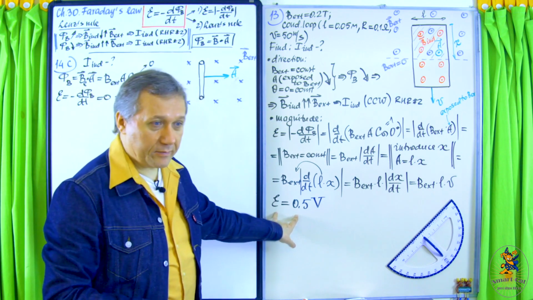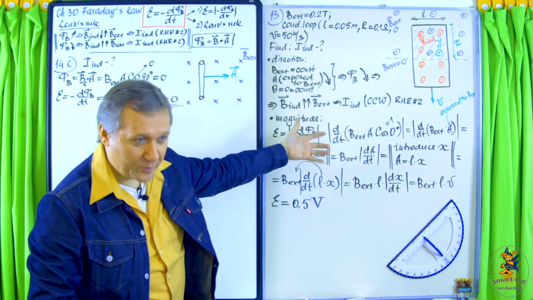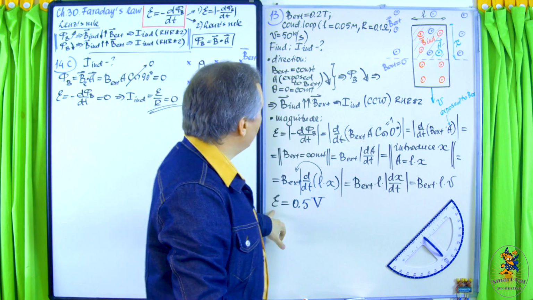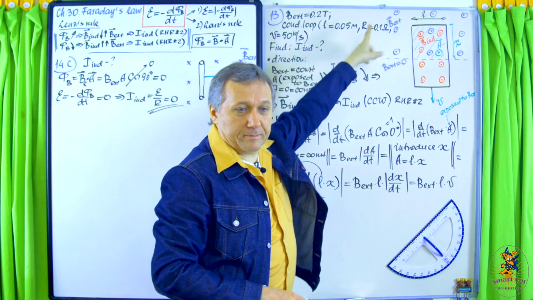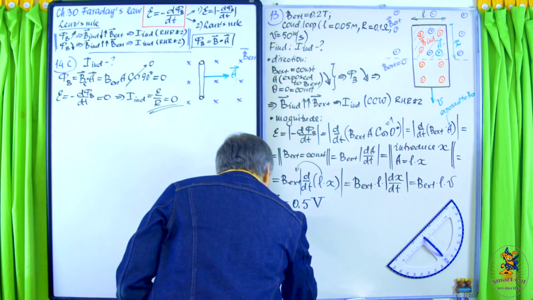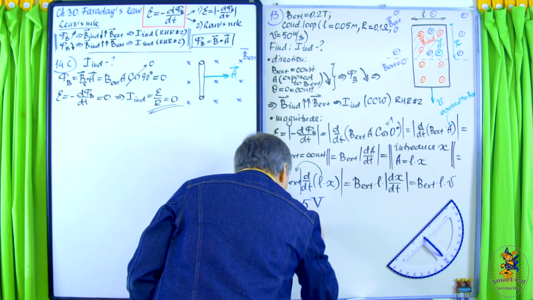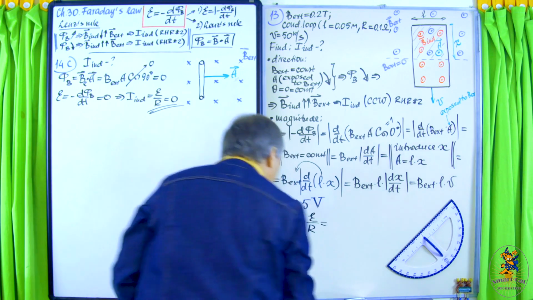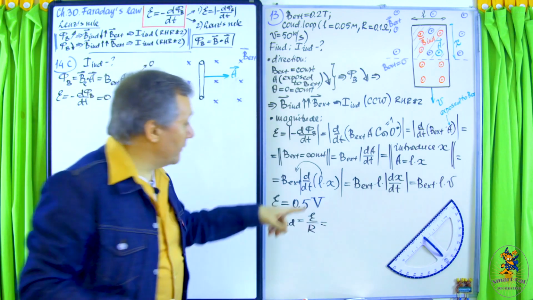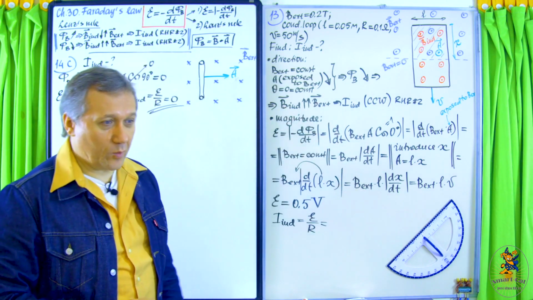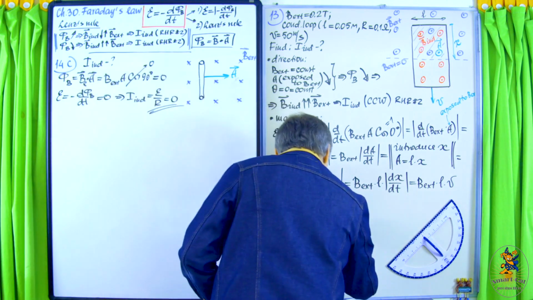If there is an EMF, it's a conducting loop. Ohm's law works for metals. So current will be EMF divided by the resistance, which is also given. So now, final step: I induced equals EMF divided by R, 0.5 volts divided by 0.1 ohms. So 5 amps of current.